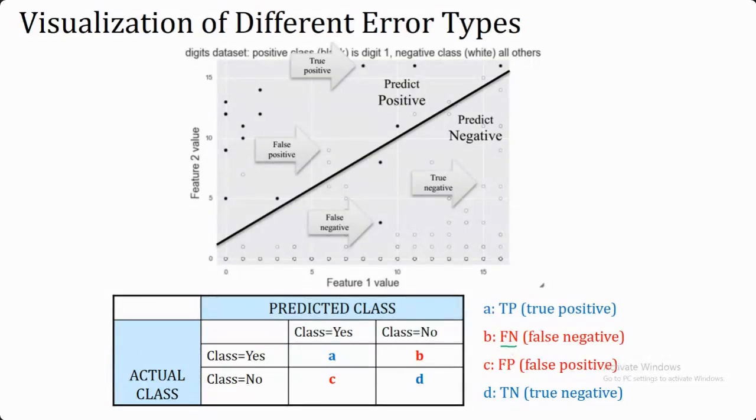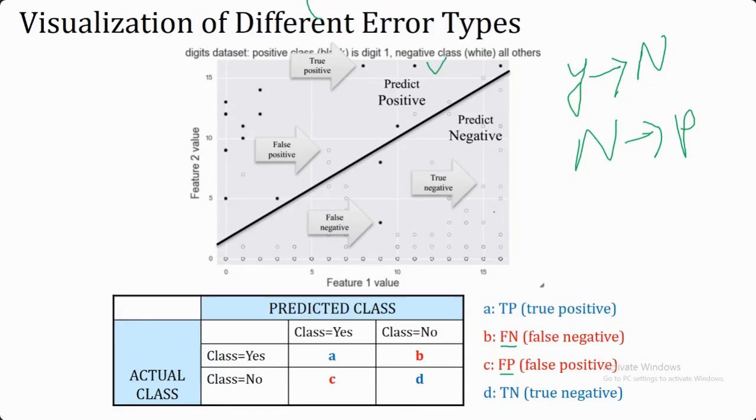In both of the cases, there is a wrong prediction. Now we need to figure out what kind of wrong prediction it is. As it's a positive and negative class, some of the positive instances you have predicted as negative, and some of the negative instances you have predicted as positive.